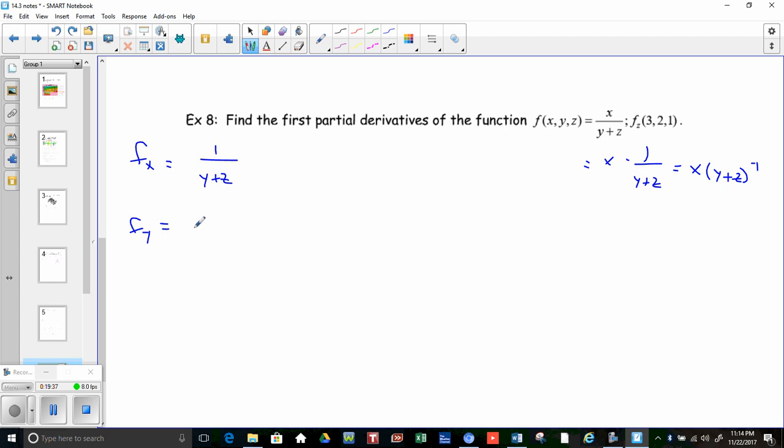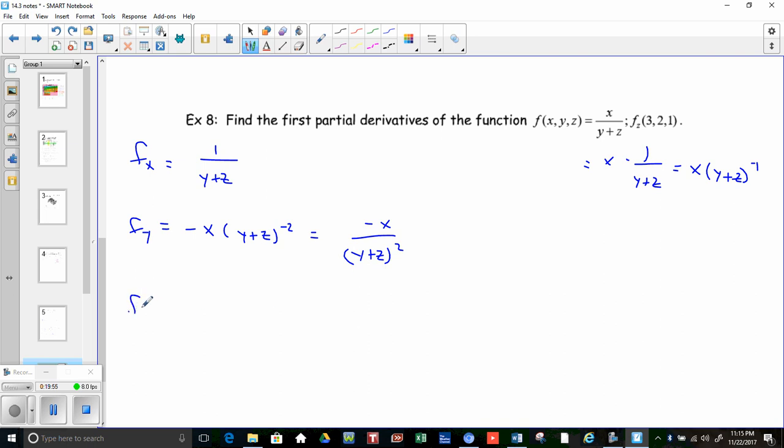So we should get negative x times y plus z to the negative 2 times the derivative of y, which is 1. So we end up with negative x over y plus z quantity squared.